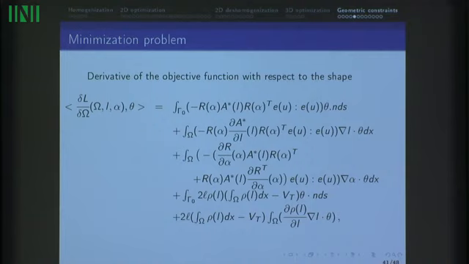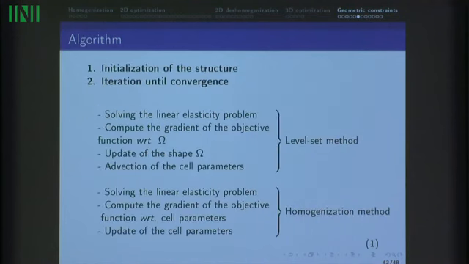It's quite big, but in fact we are able to compute all of this equation, so we can put that in our algorithm. The idea is we initialize the structure and we iterate, and we have one iteration with the shape and one iteration with the homogenization method.